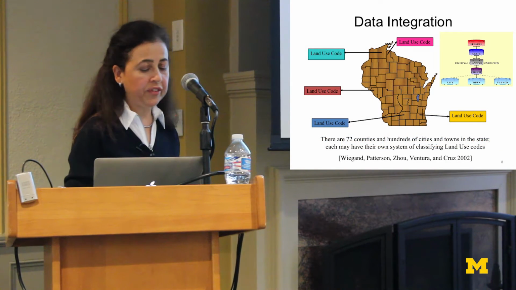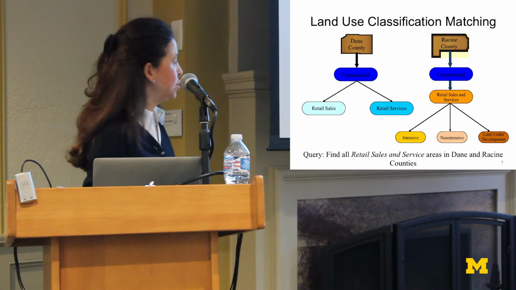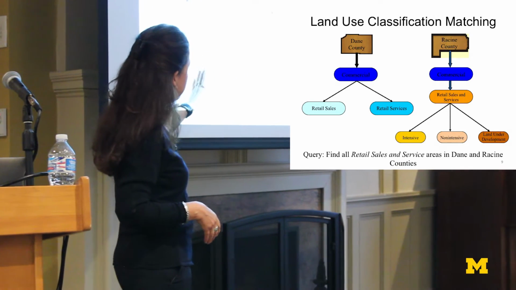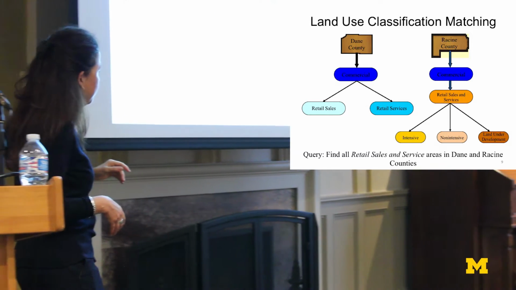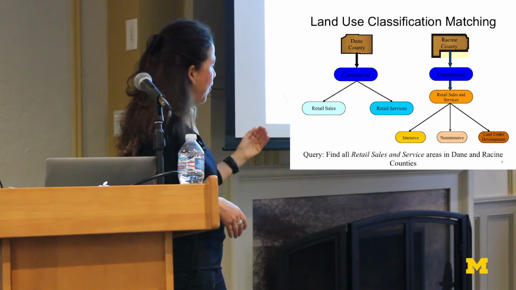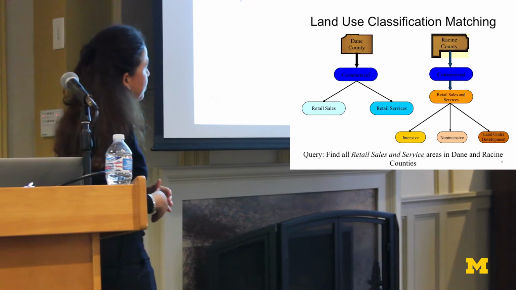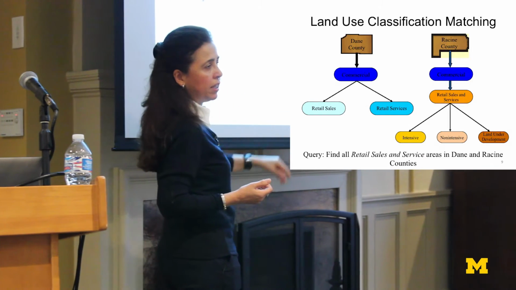So it's very heterogeneous. And what did we want to do with this? Well, for example, these are the classification codes for Dane County, for Racine County. If we want to find all retail sales and service areas in these two counties, we would have to rewrite this query in terms of these two data sources.